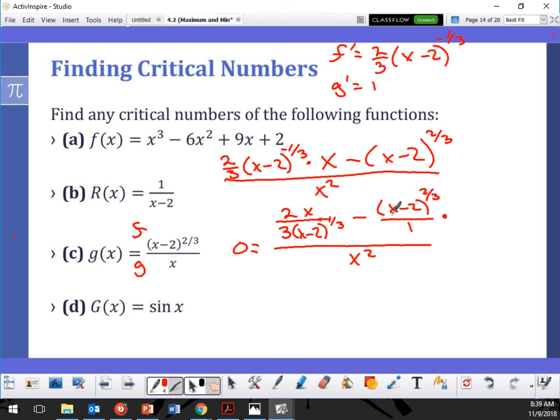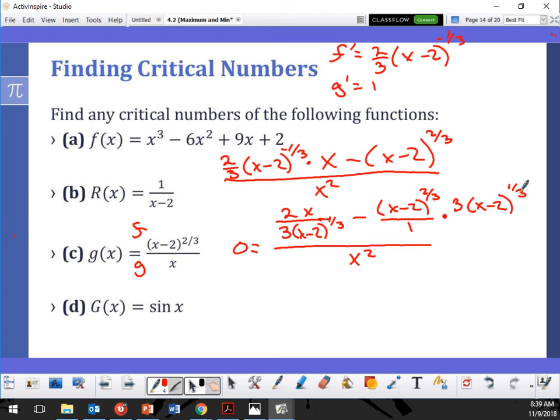If you multiply, what do you do with your exponents? You add them. If it's x squared times x to the 3rd, it's x to the 5th. So you add the exponents, and we're going to end up doing that. So it's going to be times 3 x minus 2 to the 1/3.